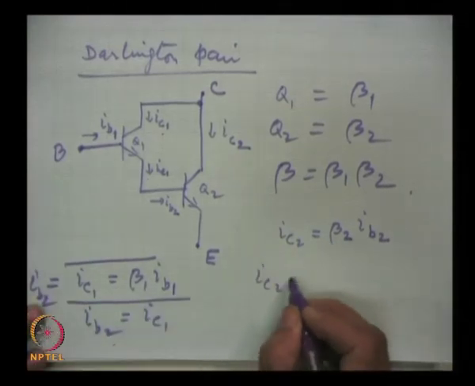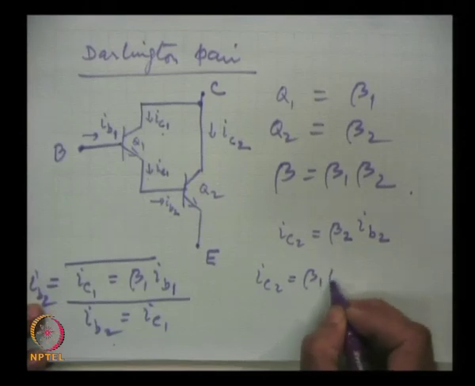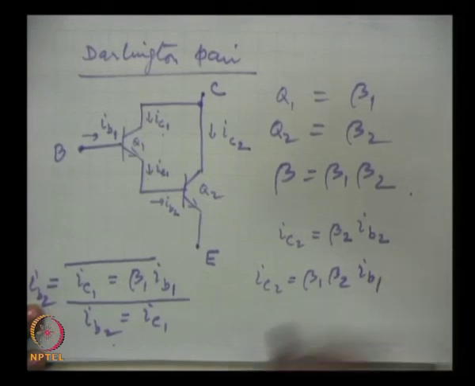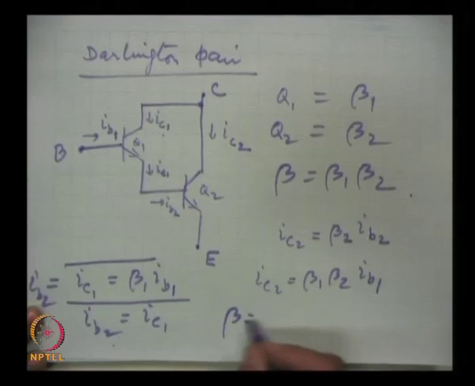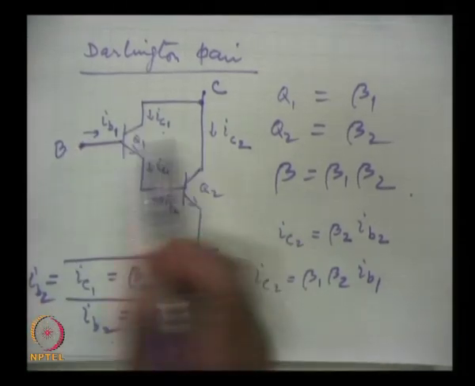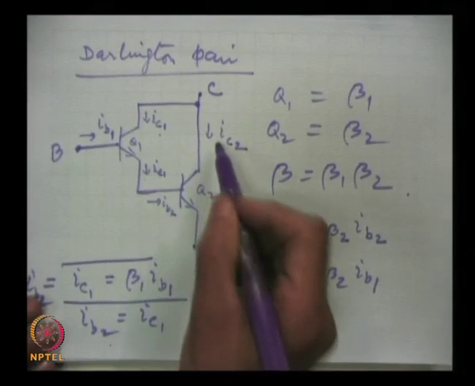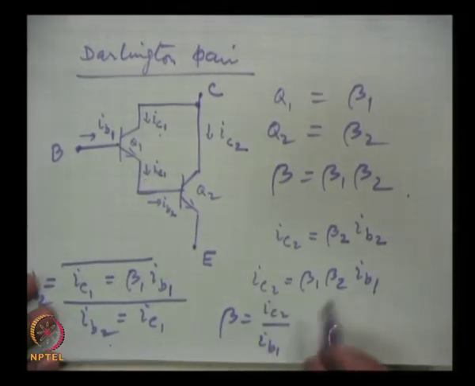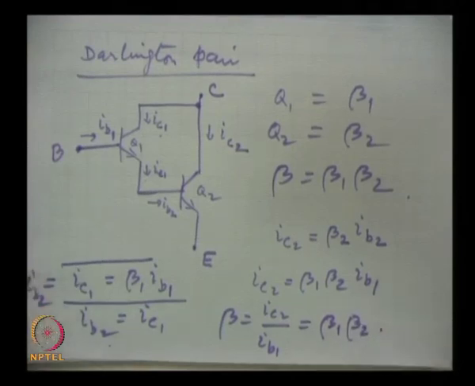So, IC2 becomes beta 1 beta 2 into IB1, and what is the current gain? The overall current gain beta is the ratio of output current to input current. Now, for the composite direct coupled amplifier, output current is IC2, input current is IB1, and from here we find that this is beta 1 into beta 2.